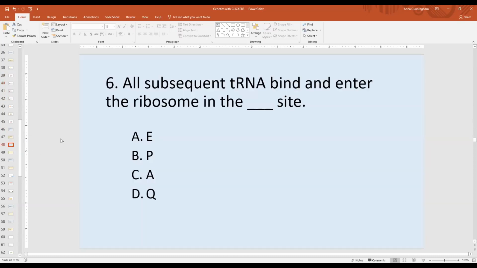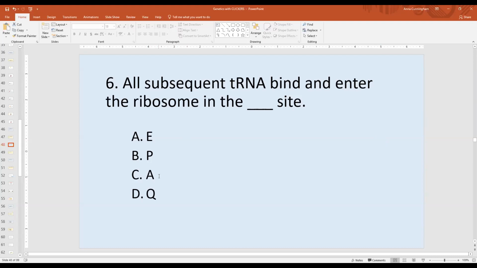Okay, let's have another question. After that very first one enters, all the subsequent tRNAs bind and enter what site? Go ahead and enter it in the chat box. Good job. Perfect.